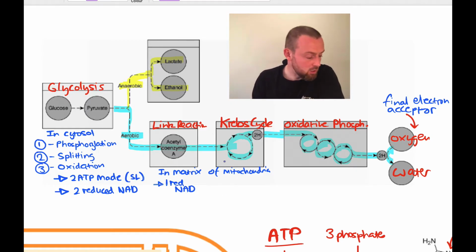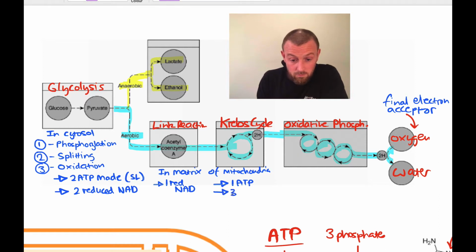Now the Krebs cycle, it's a little bit complicated, but per turn of the cycle, we get 1 ATP, we get 3 reduced NAD, so red NAD, and we get 1 reduced FAD as well, so 1 reduced FAD.